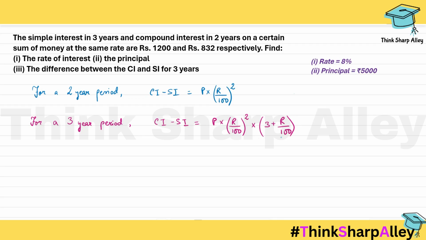So let's check this formula out using this problem where we have rate as 8% and principal is rupees 5,000. Here P stands for principal and R is the annual interest rate. Since 8 by 100 is whole square, so I'll write 8 by 100 twice. 3 plus 8 by 100. Little bit of calculations.